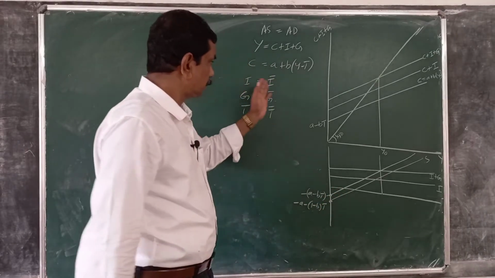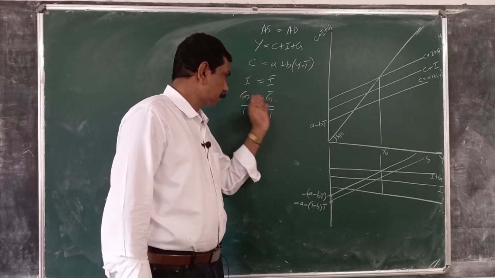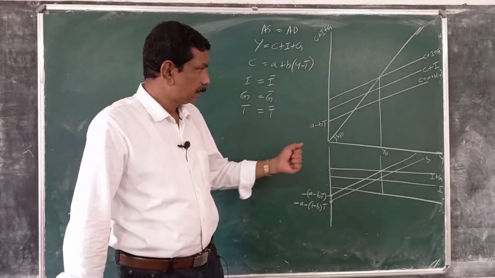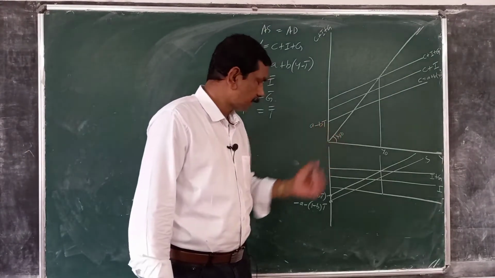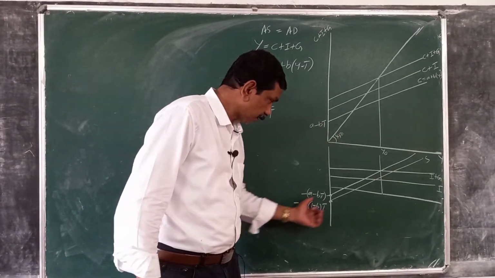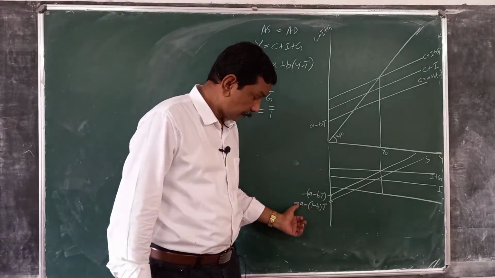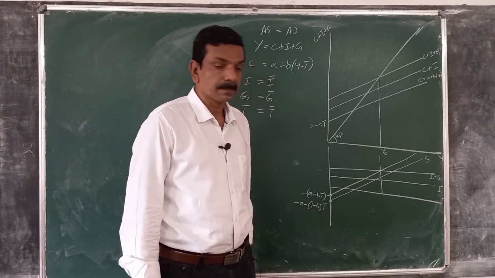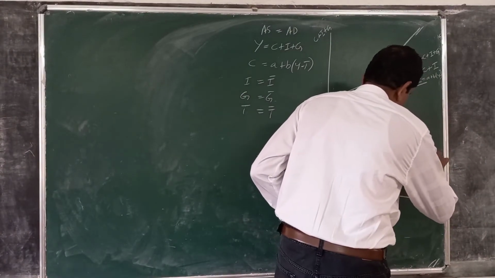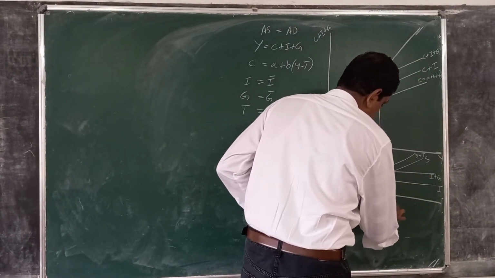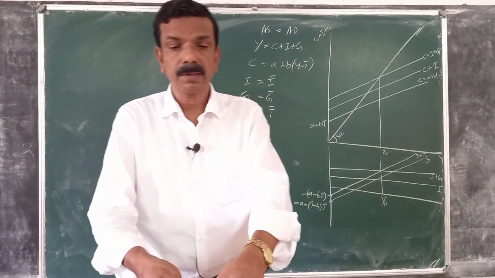So when government collects an amount equal to T bar and government spending G is equal to G bar, the consumption function shifts downwards to A minus bT from A. The saving function also shifts downwards from minus A to minus A minus (1 minus b)T. Adding this, you have S plus T equal to I plus G at a level of income equal to Y0 in terms of saving income equality.